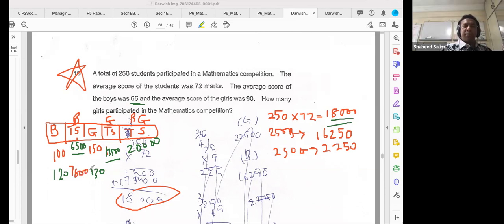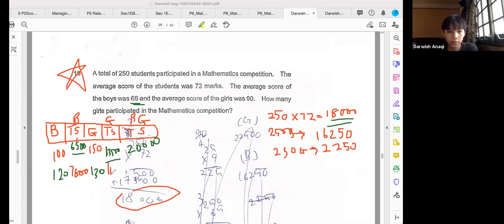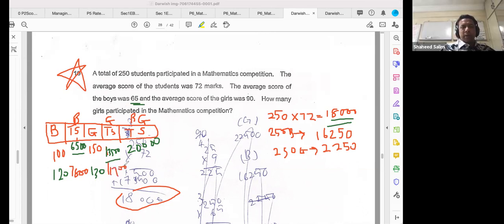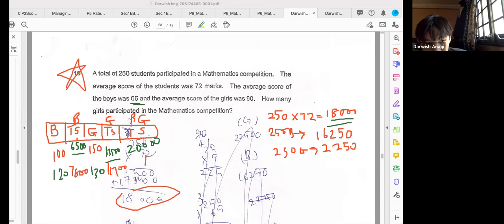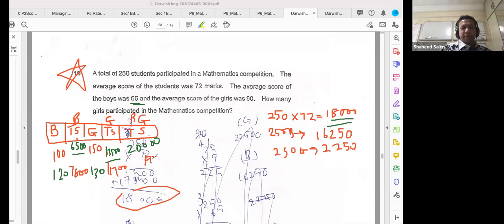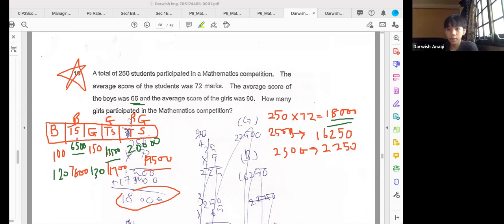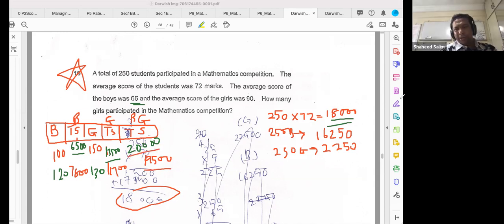Then 130 times 90, how much you get? 11,700. Then you add both of them together, how much you get? 19,500. 7 plus 11, 18, 19,500. Correct? You still too much.